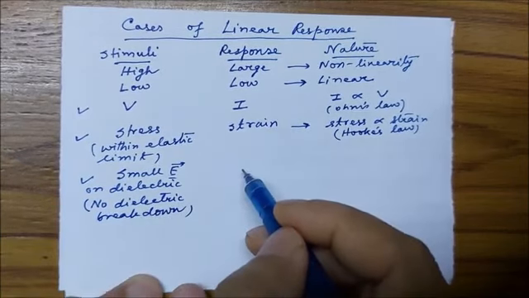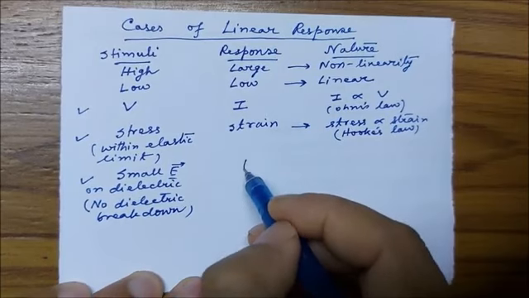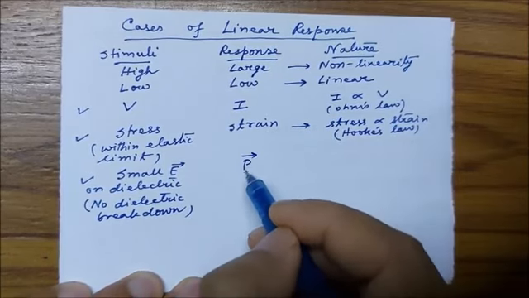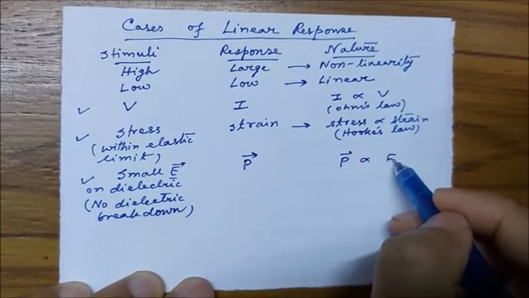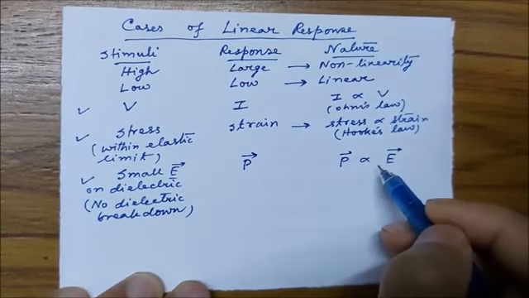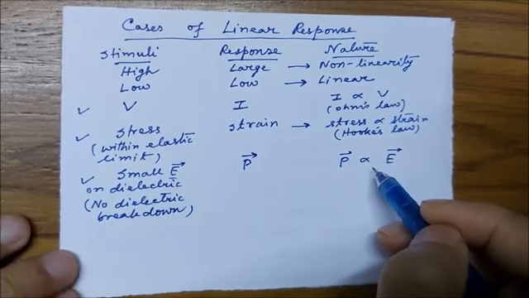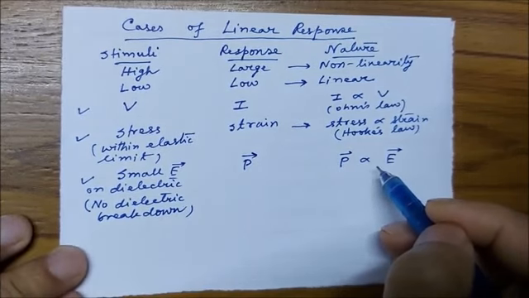The dielectric responds by developing a polarization, and the polarization is proportional to the electric field, and the proportionality constant will be the electric susceptibility.